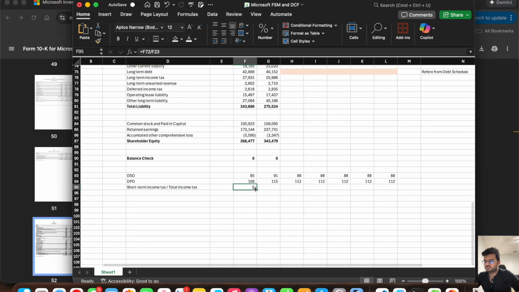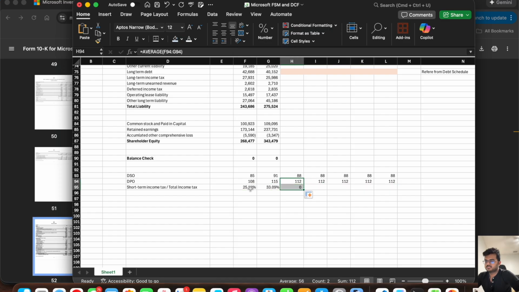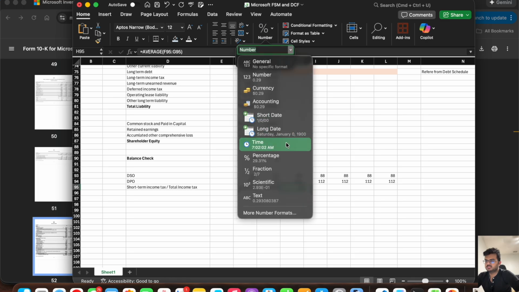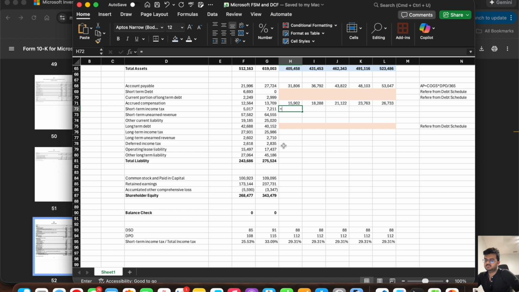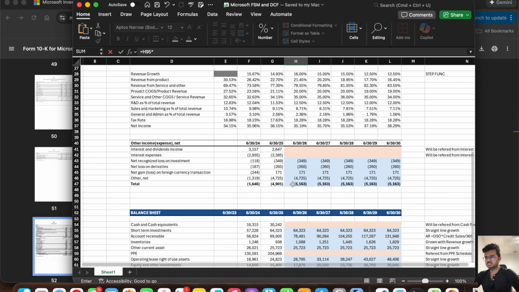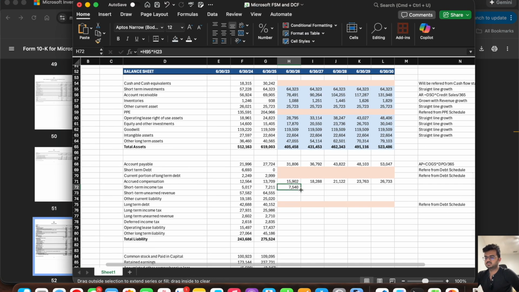Let me make it a percentage. So it was like 25% and 39%. I'm just going to take approximately 30%, or 29.31% to be precise, of the income tax Microsoft will still be liable to pay as the short-term income tax. So I'll come here and update this number.